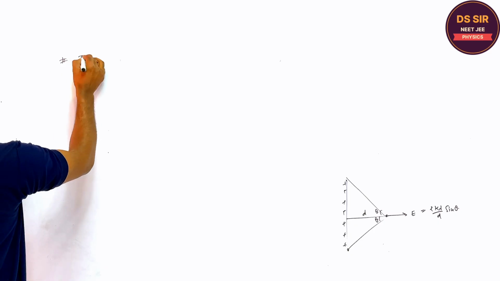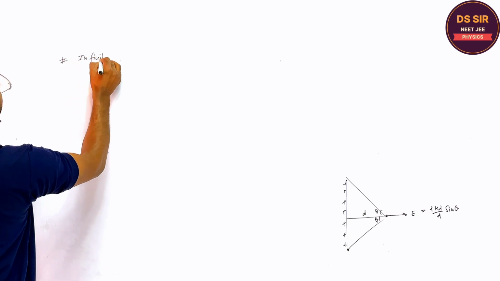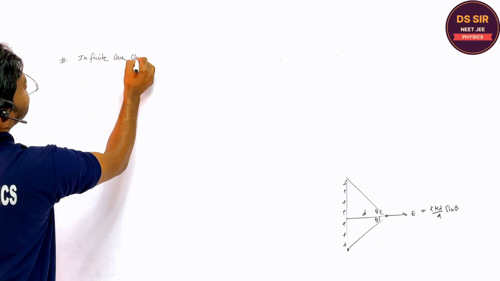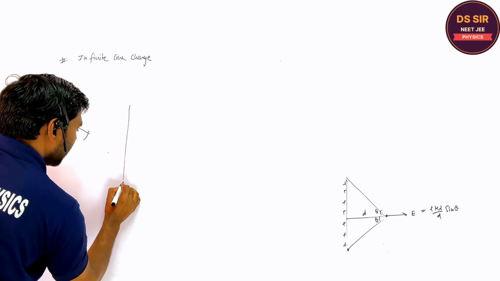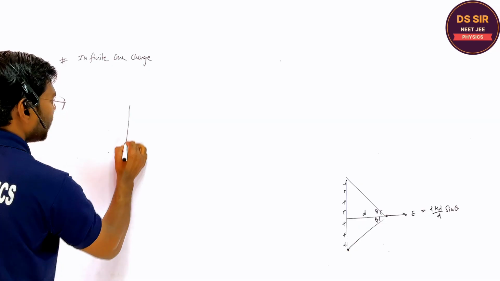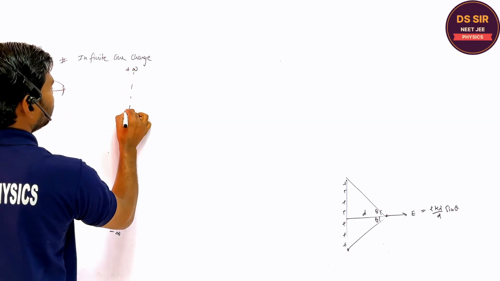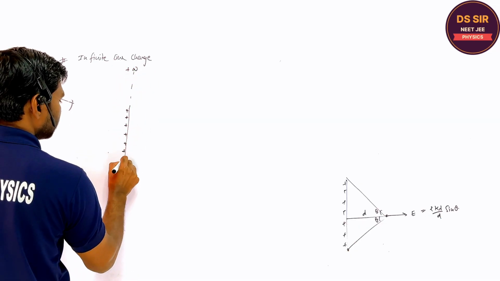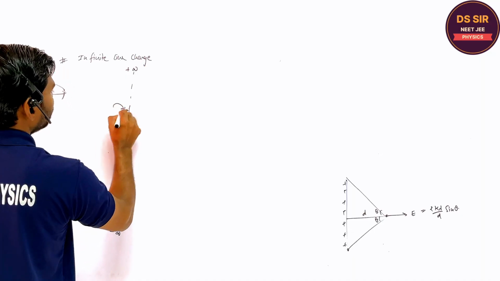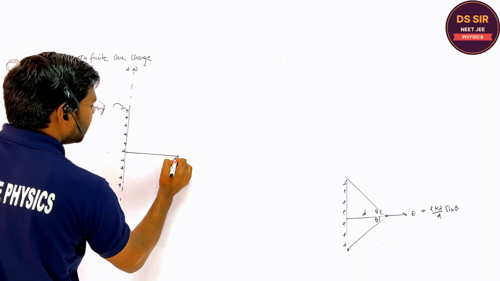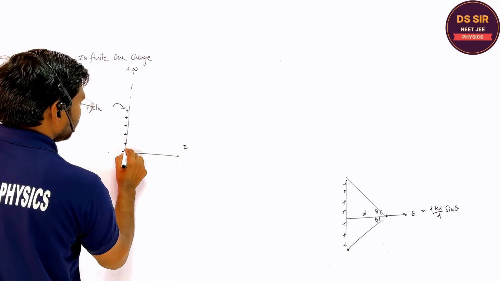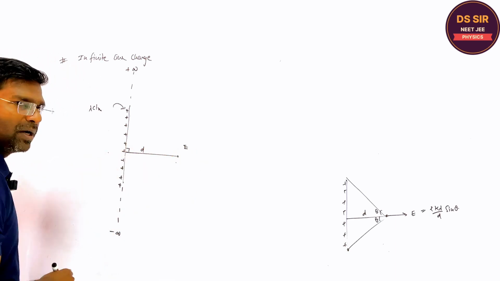Infinite line charge, that is, the line charge is extended from minus infinity to plus infinity. Everywhere the linear charge density is uniform, lambda coulomb per meter, and you want to write the electric field at this point at perpendicular distance d.